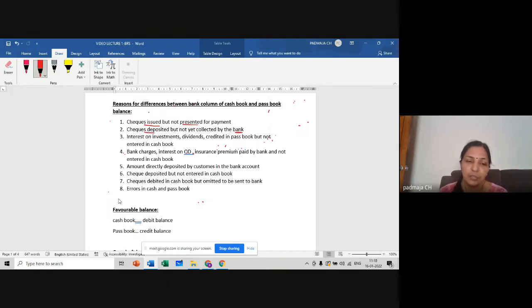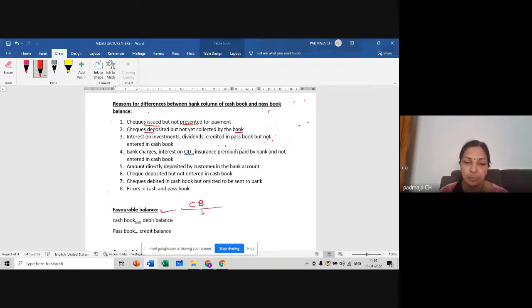For this, you need to first know what is meant by a favorable balance. Okay, guys. In order to understand what a favorable balance is, these are the things you are supposed to remember. Cash book showing debit balance and passbook showing credit balance is termed a favorable balance. Why do we call it a favorable balance?